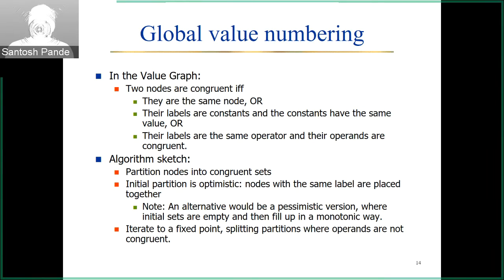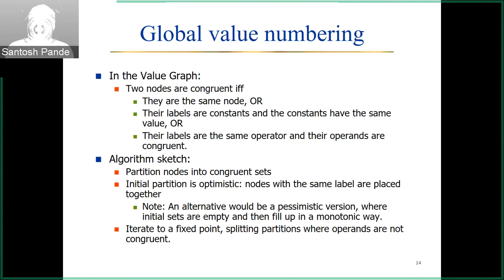So how does the algorithm work? The algorithm first partitions the nodes into congruent sets. The initial partition is optimistic. Okay, and this is another small wrinkle which I haven't covered so far, but you will see in the example. So the same operator and other things, function name, we are going to put all of these together.